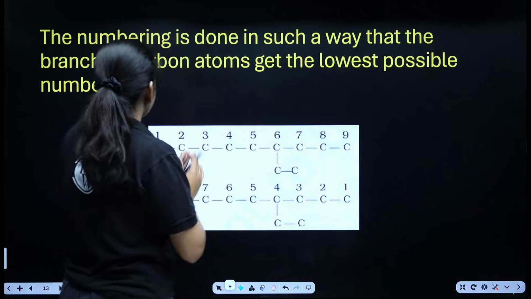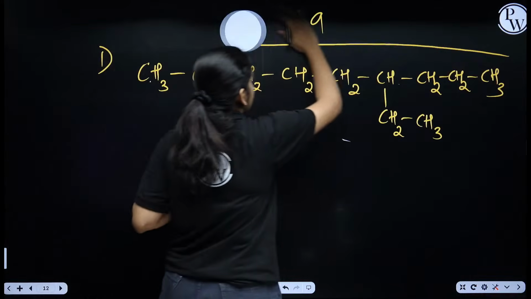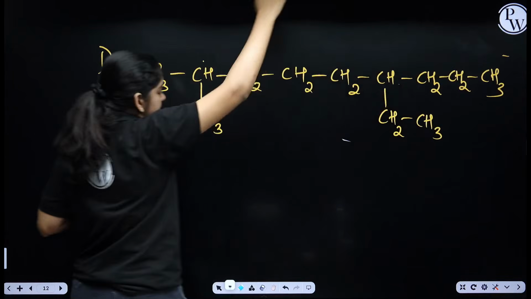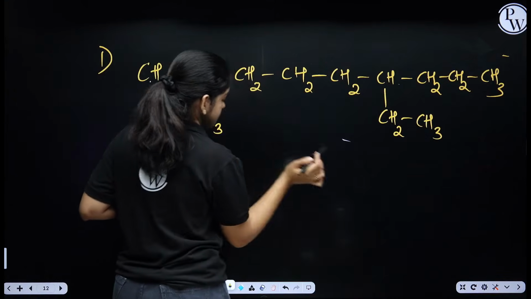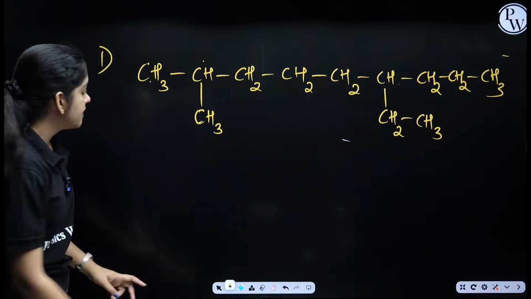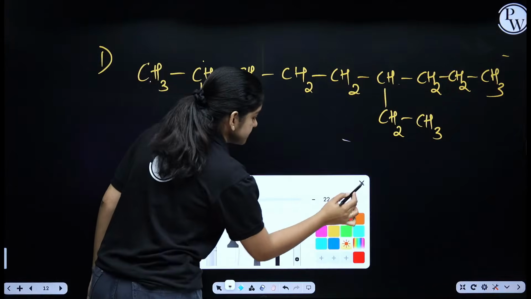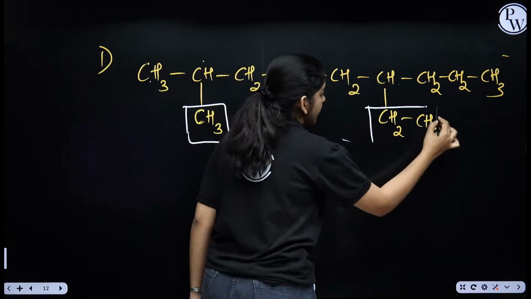So we can start. We are going to number. Can you see the branches here? We have 2 branches here. One branch is here and one branch is here.